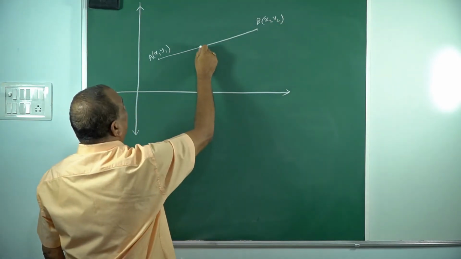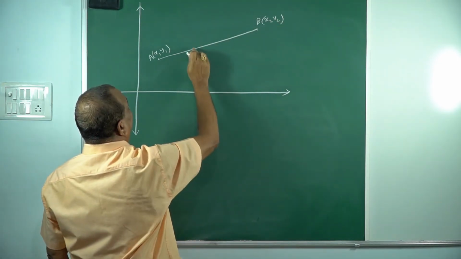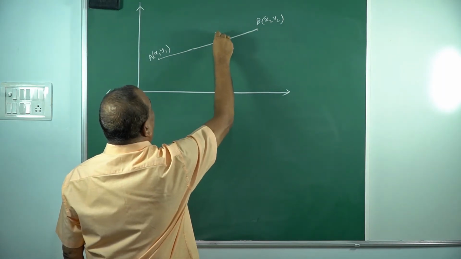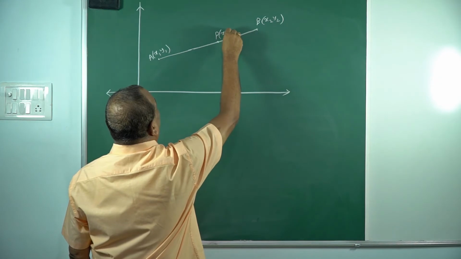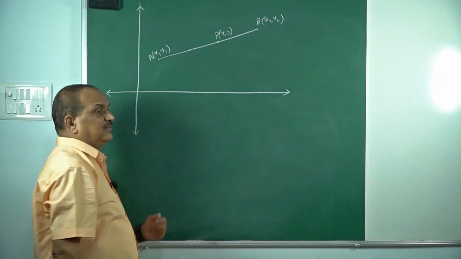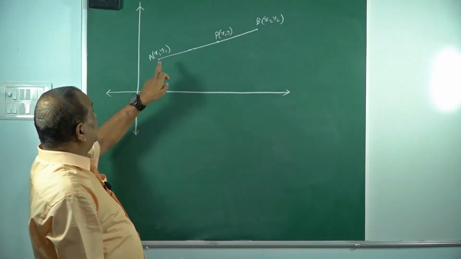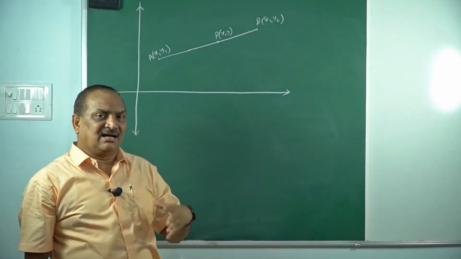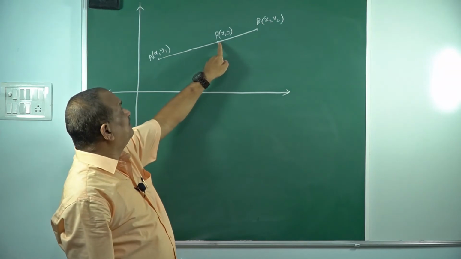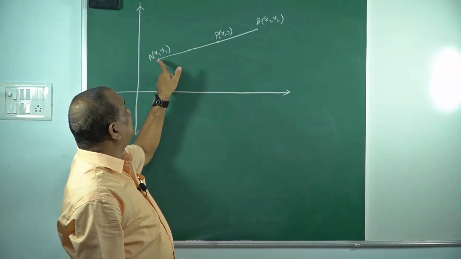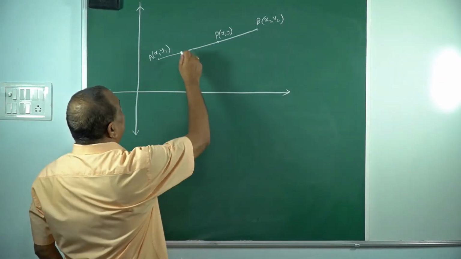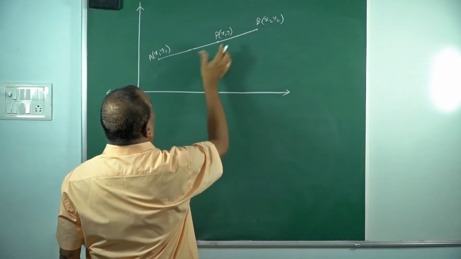And here we have a point P. I can take anywhere I want. I can take here P. And let me say the coordinates of P are x comma y. So A x1 y1 and B x2 y2 are any 2 points in the Cartesian plane, and P is a point which divides this line segment in the ratio m1 is to m2. Means if this is m1, this will be m2.